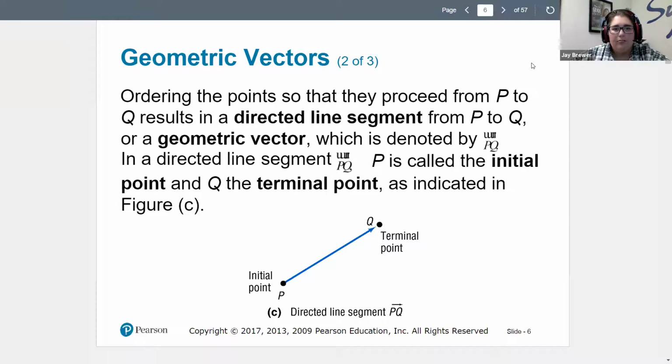All right. In a directed line segment, P is called the initial point and Q the terminal point, as indicated in the figure. Also, this arrowhead should be on the other side of Q. Or it should just stop at Q. It shouldn't really be in front of Q. It should stop exactly at Q. All right.